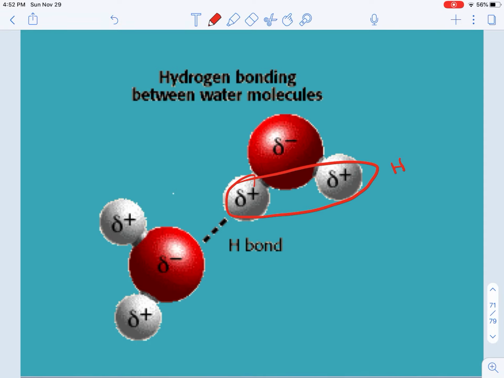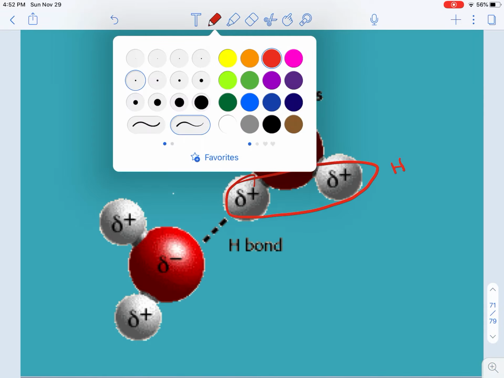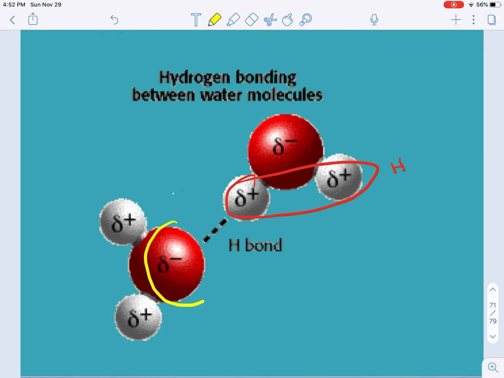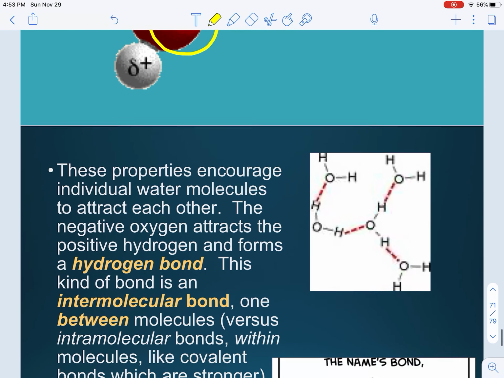When you look at this positive side where the hydrogens are on a water molecule, you can see that that would be where it would attract the negative side of a neighboring water molecule, and the bond that forms when the positive side attracts the negative side of a neighboring water molecule, that's a hydrogen bond. Hydrogen bonds are pretty strong bonds that will make a whole bunch of water stick to each other and form that droplet and form that cohesion.